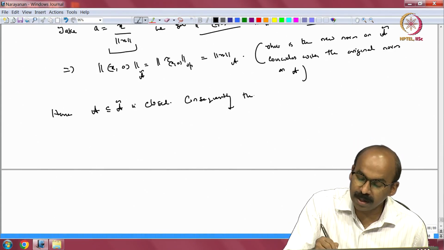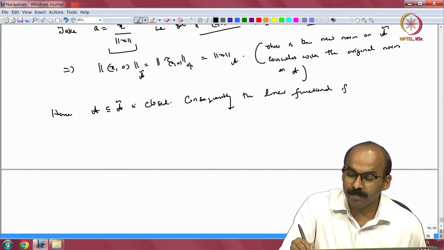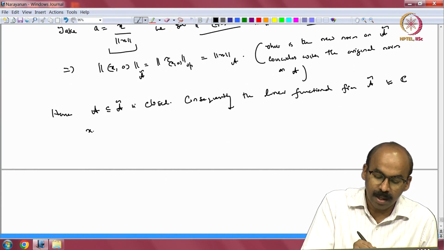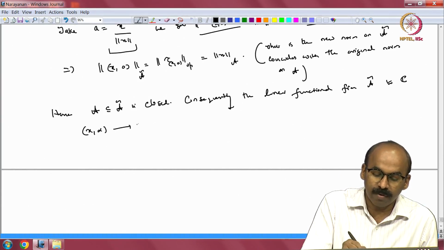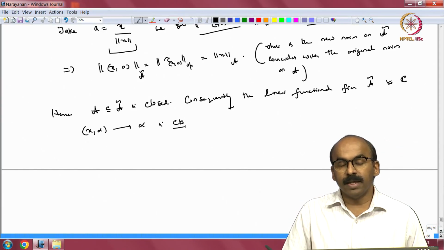Consequently, the linear functional. So, I am going to define a linear functional from A tilde to C. What is the linear functional? (x, alpha) going to alpha is continuous. Why is that?